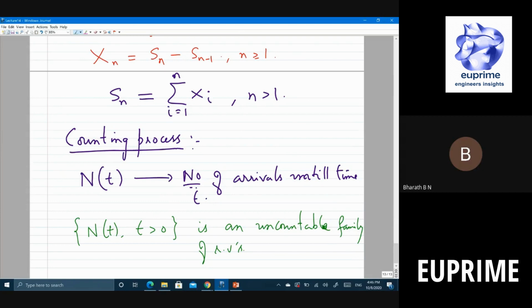How do you describe a random variable? It's in terms of distributions, PDF or PMF or something. How do you describe two random variables? Joint distribution. How do you describe countable random variables? Joint distribution. But if you have a continuous process, it's very hard. So it's not so easy, not so straightforward. Okay? Is that fine? Okay.